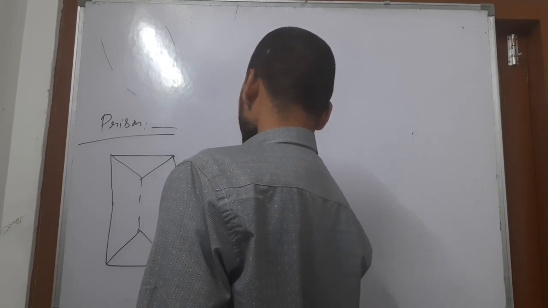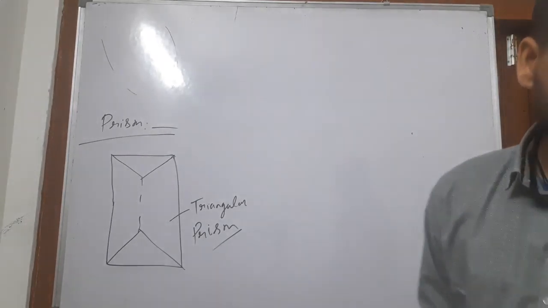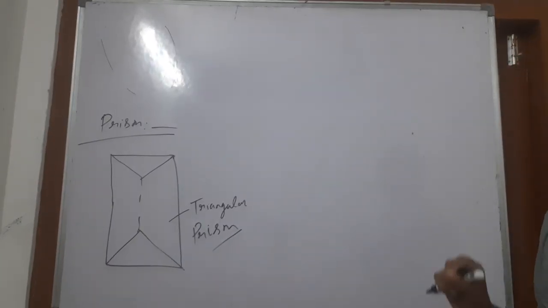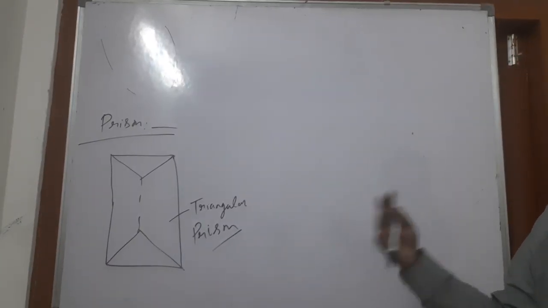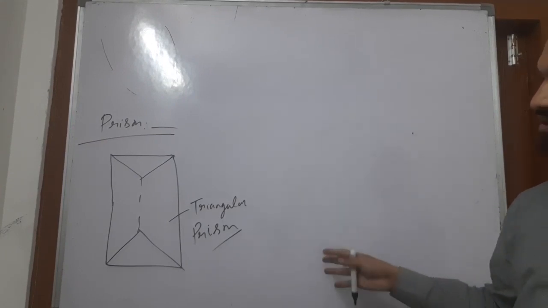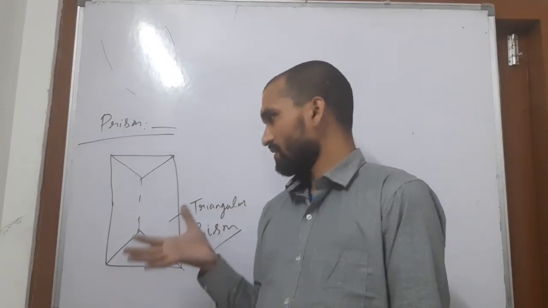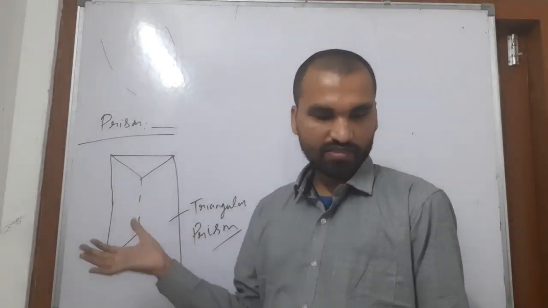Because prism is a 3D structure, it cannot be exactly drawn on a 2D plane. So here we have shown the prism.